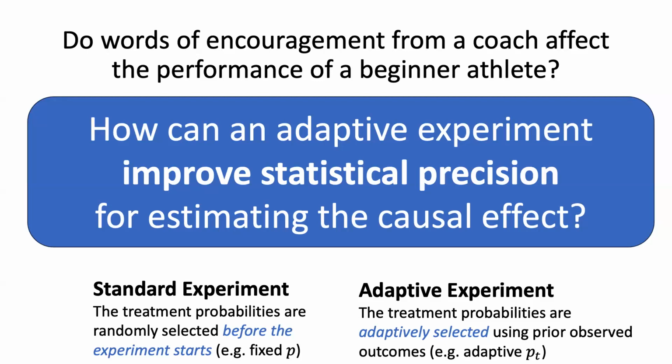Like I could pick a probability P, flip coins, make my assignment in advance. So seeing those assignments, you can correlate them any way you want. Here, we're not going to correlate them at all. They'll all be independent with probability P. But what's going on in the adaptive experiment is that we see the outcomes and the assignments, and we'll use those outcomes to improve the precision of our estimator.